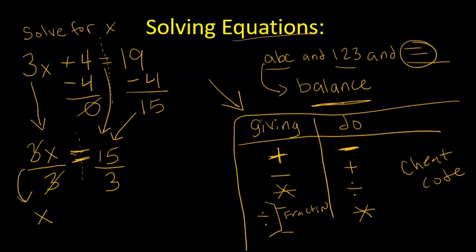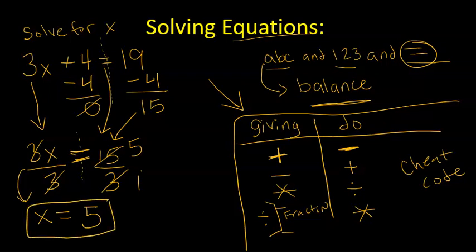Let's bring that down because there's an invisible 1 right here, but we don't need that, so we're just going to keep it as x. Equals. Well, how many times does 3 go into 15? It goes in 5 times. So I have a 5 left.